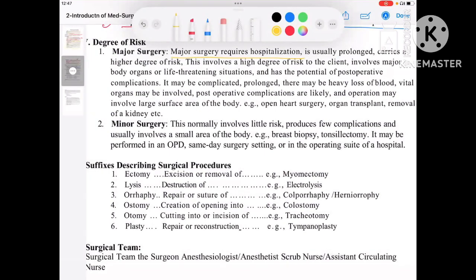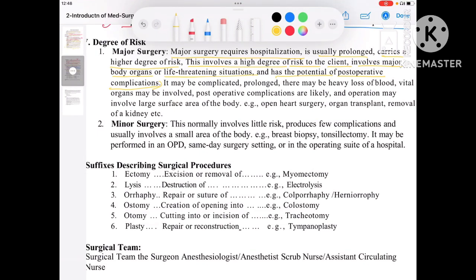The patient should be hospitalized. It is usually prolonged and carries a higher degree of risk to the client. It involves major body organs or life-threatening situations, and has the potential for post-operative complications. The risk will be very high.